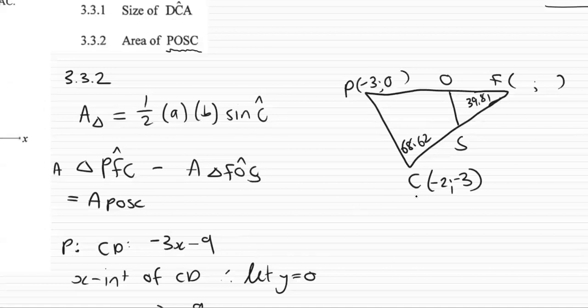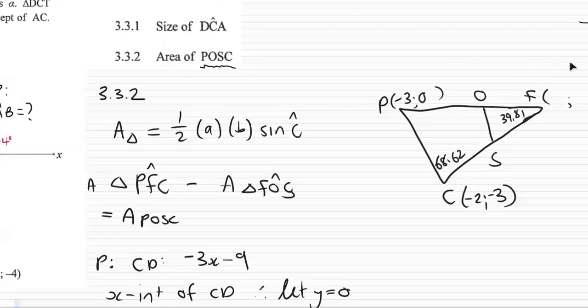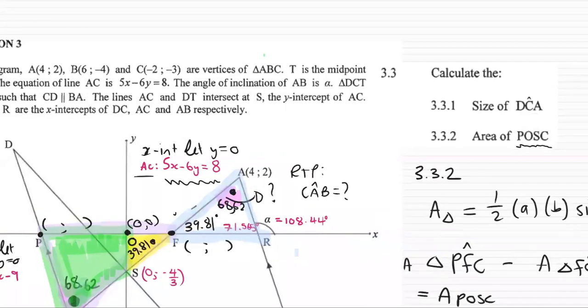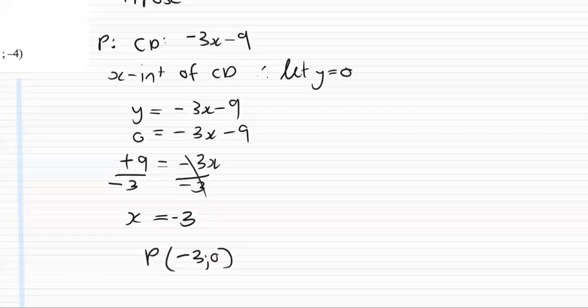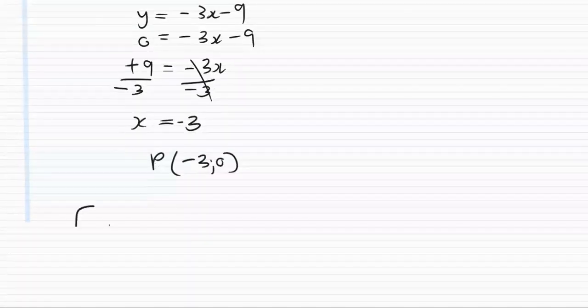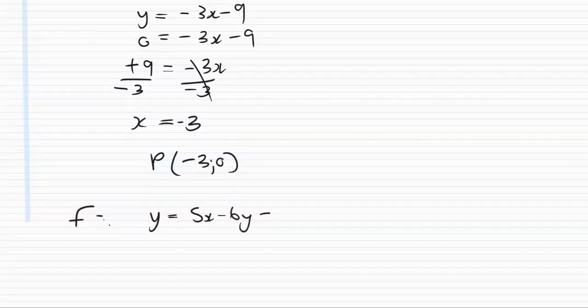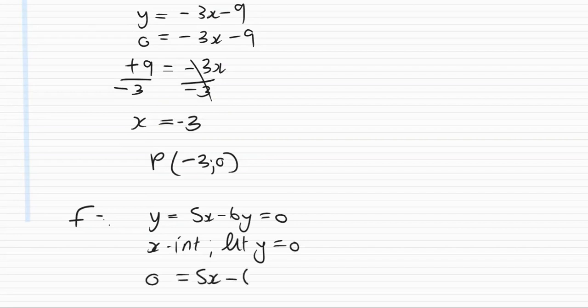Now we do the same for F. Just grab that formula. So it was 5x minus 6y equals to 8. We want the x-intercept. So we let y equal to 0.